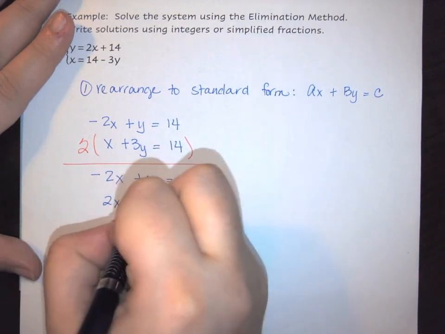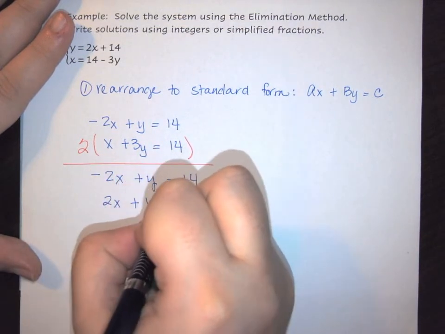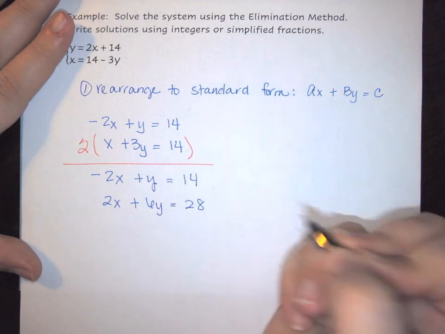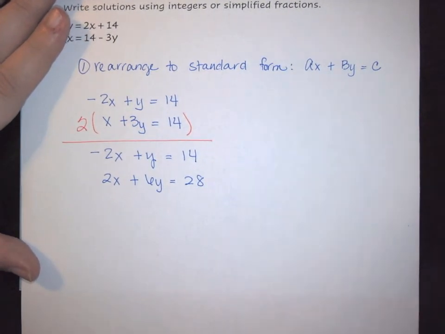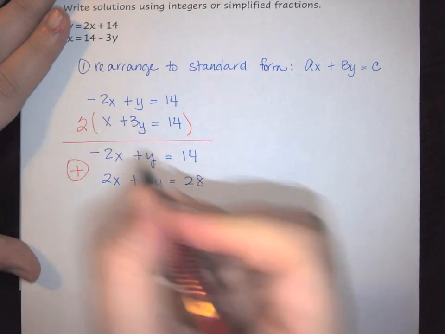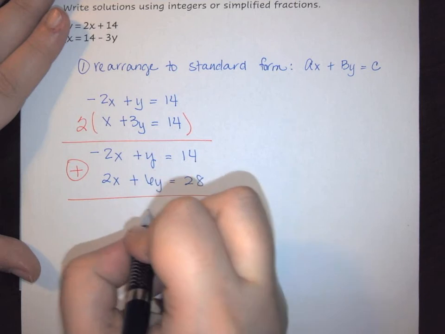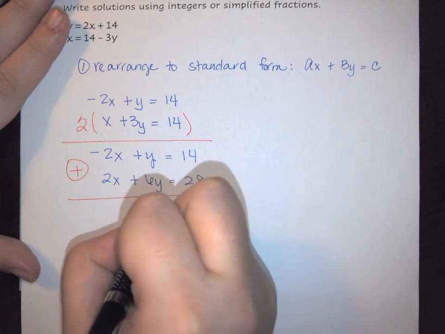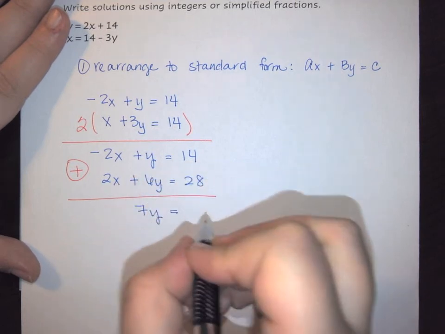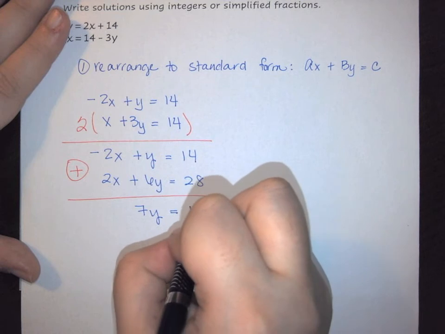And then a 2x plus 6y is equal to 28. Now that we have opposite equal coefficients, we can vertically add. So here we end up with 7y is equal to 42.